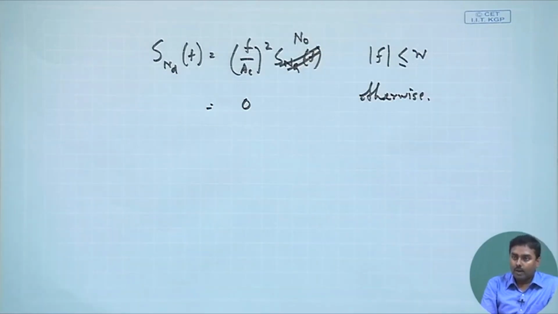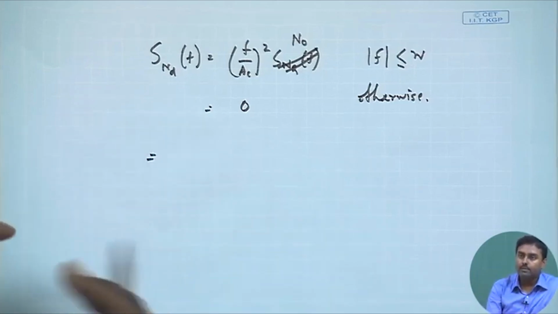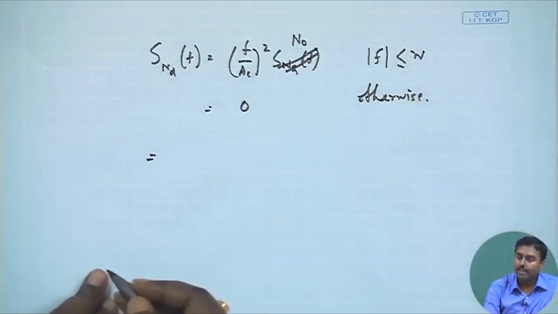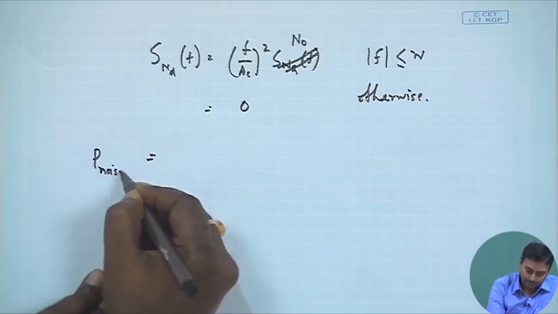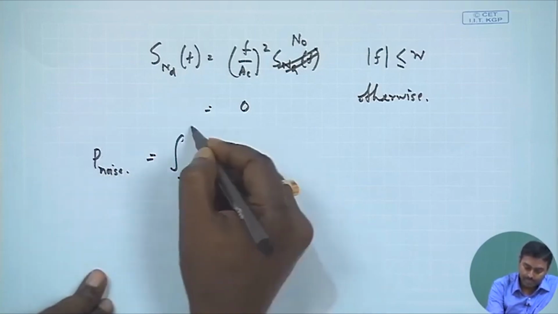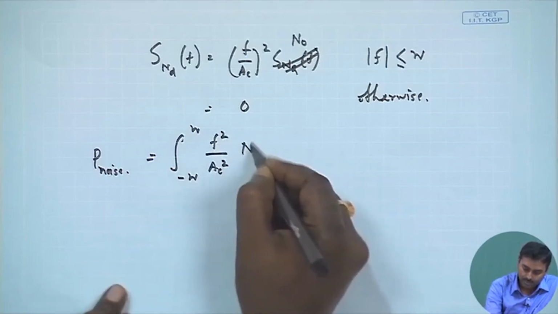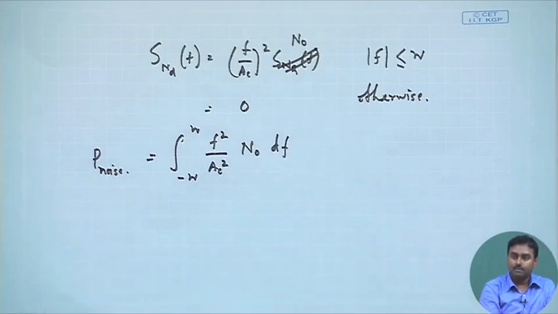So, what is the overall power? Overall power we know from power spectral density, you have to just integrate it. Here it is defined only from minus W to plus W. So, the overall power of noise should be integrated from minus W to plus W, this f^2 by A_c^2 times N0 df, right.